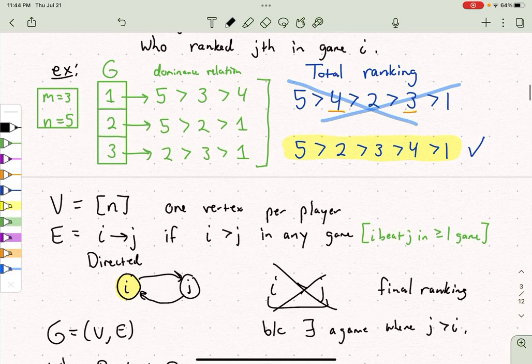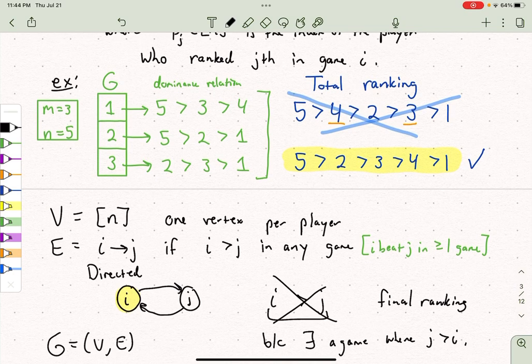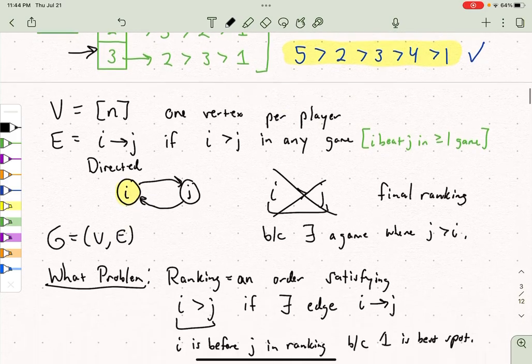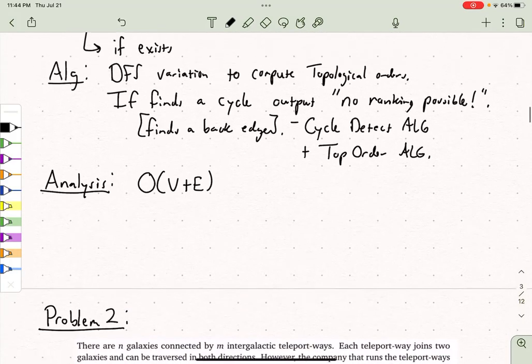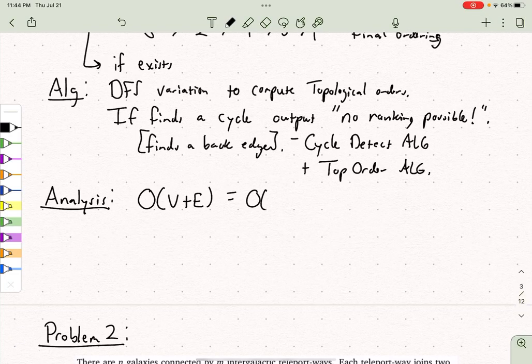But we know the total number of edges possible are going to be proportional to these rankings. So for each individual game, there's 3 possible edges that will be created due to that game. So overall, this is going to be O of N plus 3M, which is still O of N plus M. And this is because for each game, and there's M games.